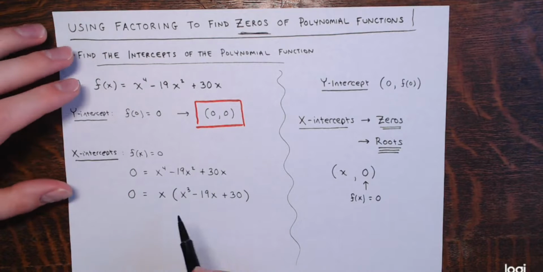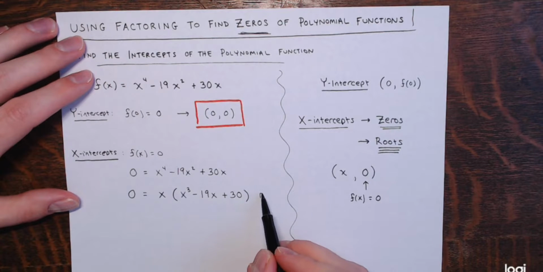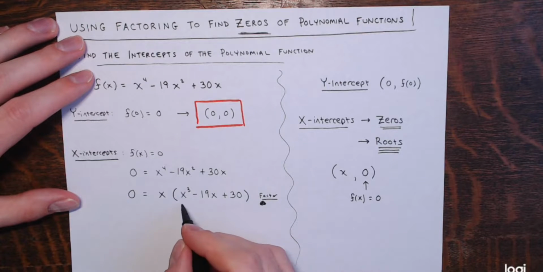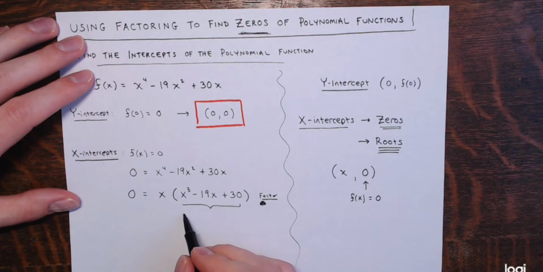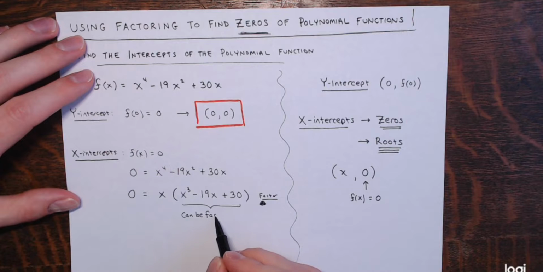So what I'm going to do is factor, because again, this can be factored over the integers, just not with the method we've seen. If we get down to cubics, degree 3 or higher, that can be factored, we're going to use some technology here, but not by a method we know yet.